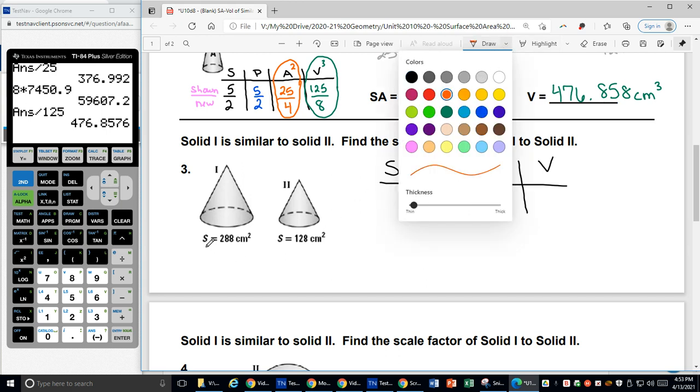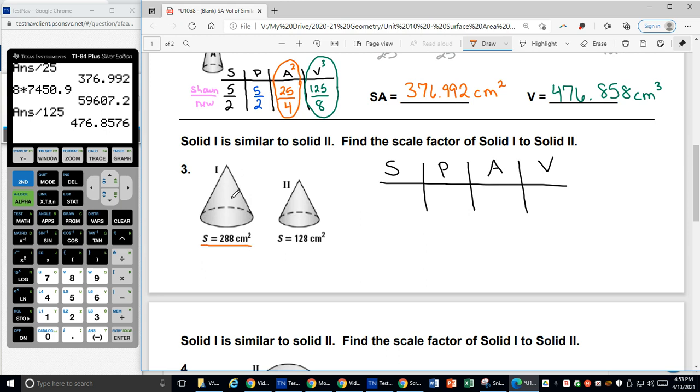I can see I have the area of figure 1 and the area of figure 2. Now, since it says solid 1 to solid 2, that means solid 1 is going to go in the numerator and solid 2 is going to go in the denominator.